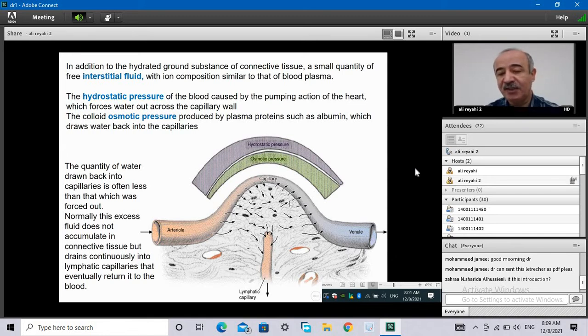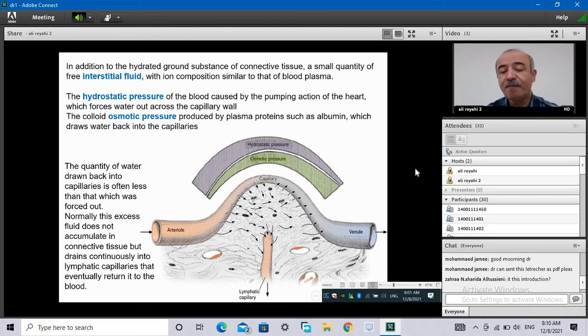The amount of this water is less than this water that was forced out, okay? Normally, this excess fluid does not accumulate in connective tissue, but drains occasionally into lymphatic capillaries.